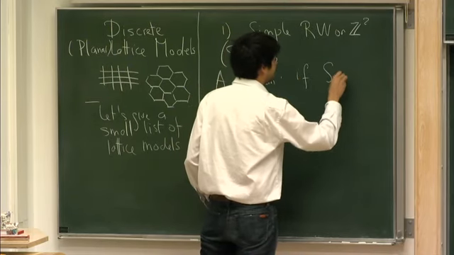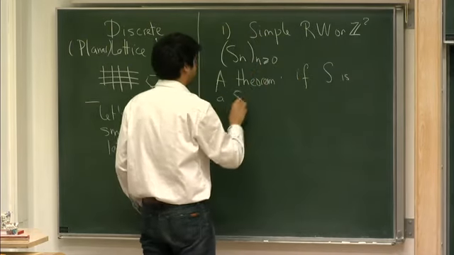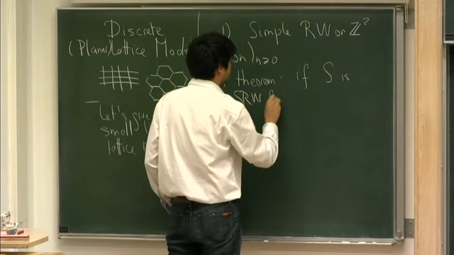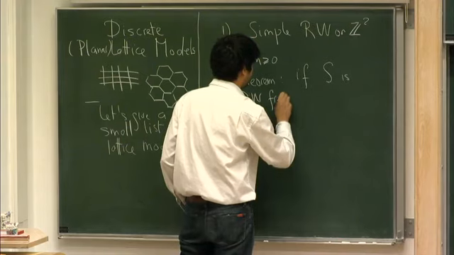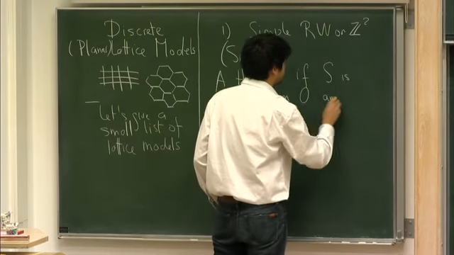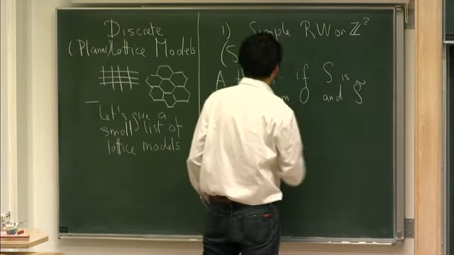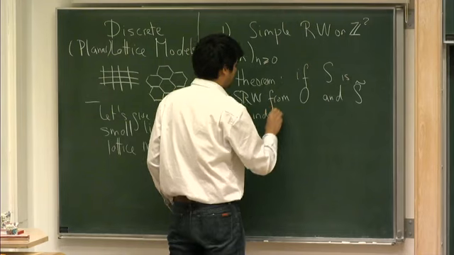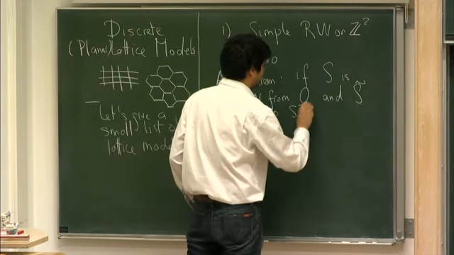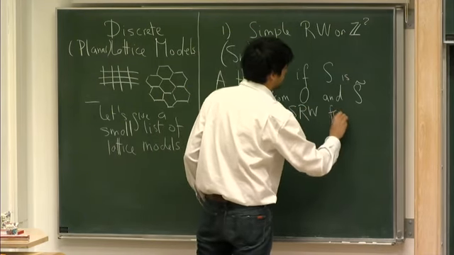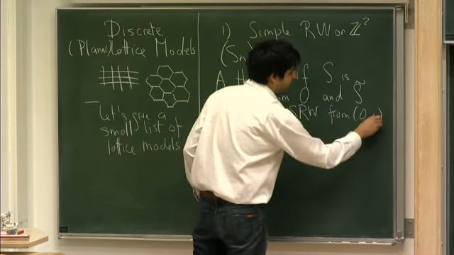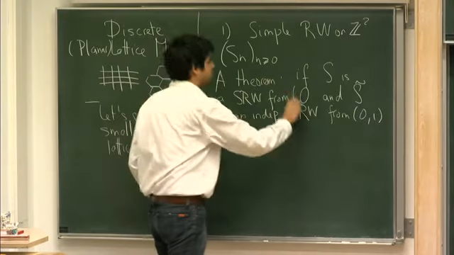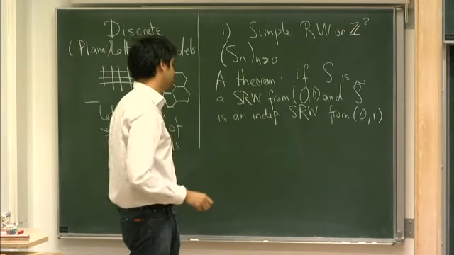If S is a simple random walk from (0, 0), and S tilde is an independent simple random walk from, say, (0, 1), so (0, 0), okay.